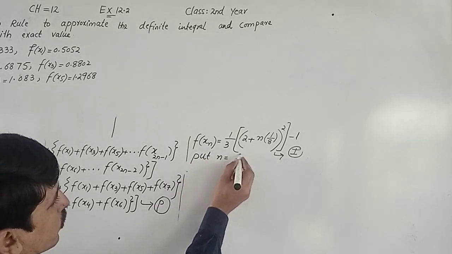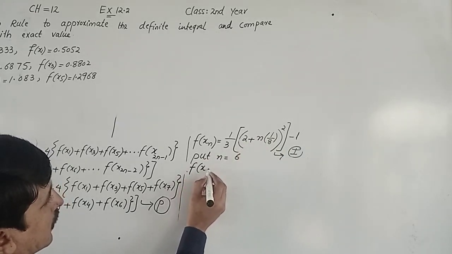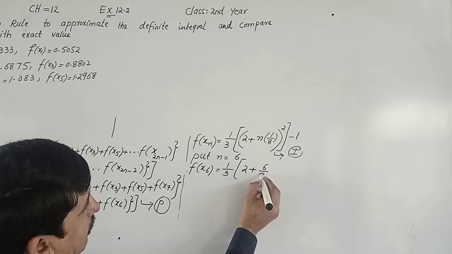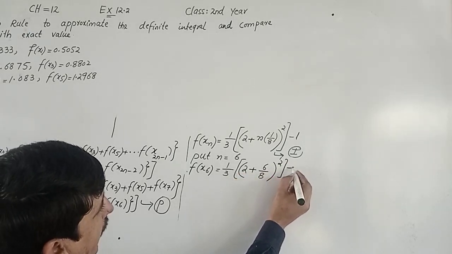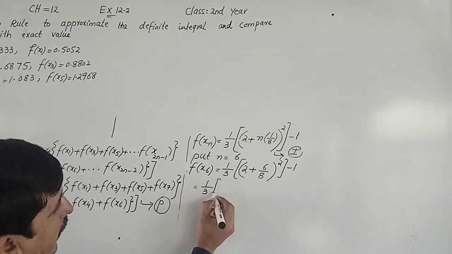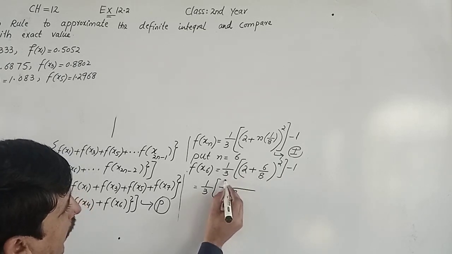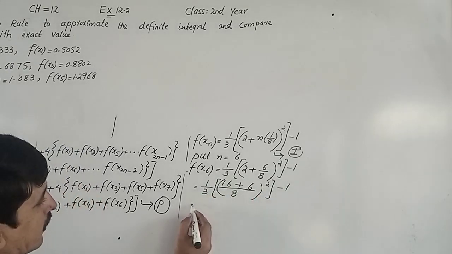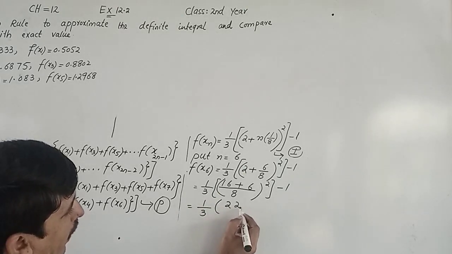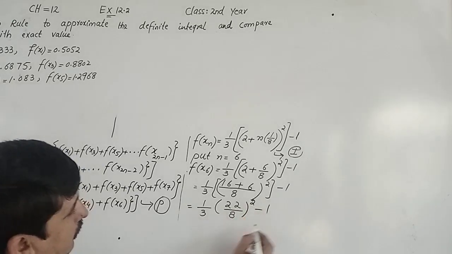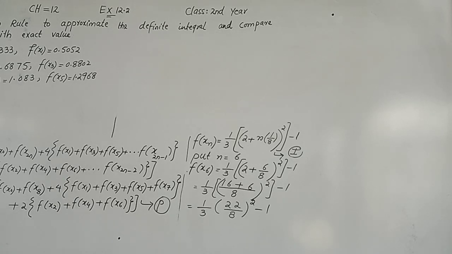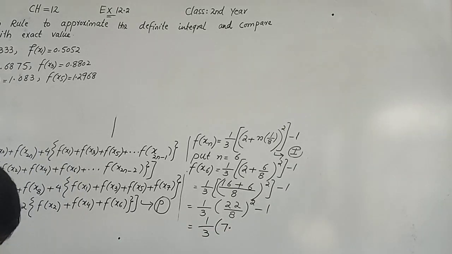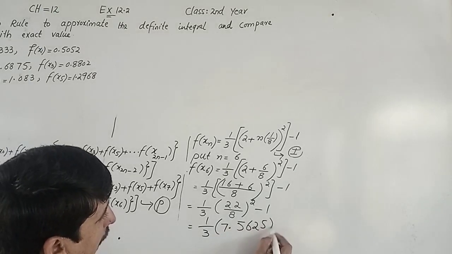Now put n is equal to 6 in equation 1, so we get f of x6 is equal to 1 divided by 3, 2 plus 6 divided by 8 whole square minus 1. 8 is the LCM, so 2 8s are 16 plus 6 is 22 divided by 8 whole square minus 1. 22 divided by 8 whole square is equal to 7.75625 minus 1.